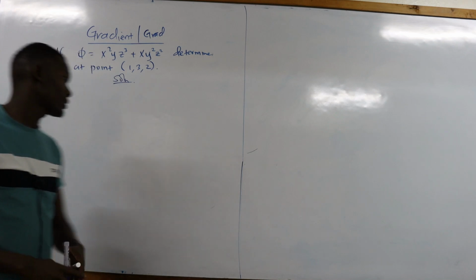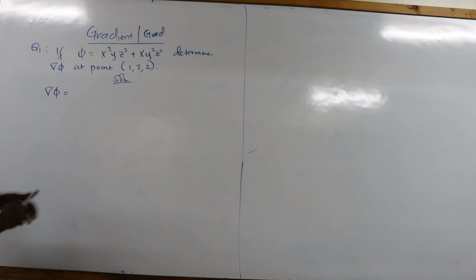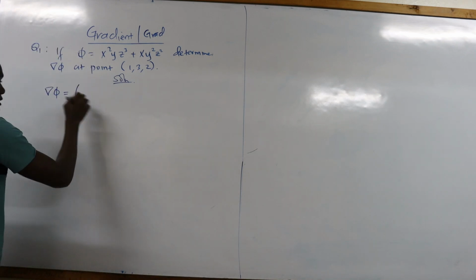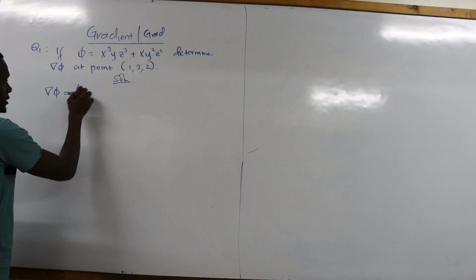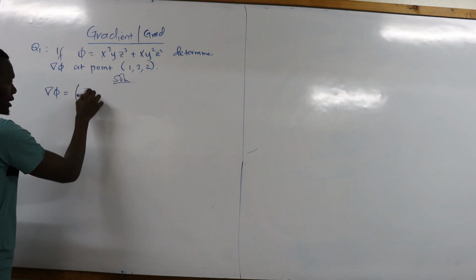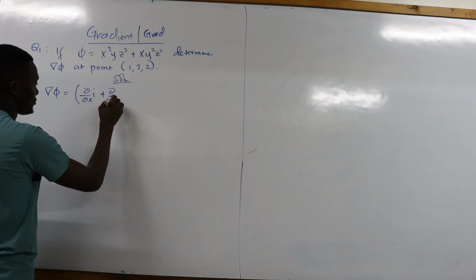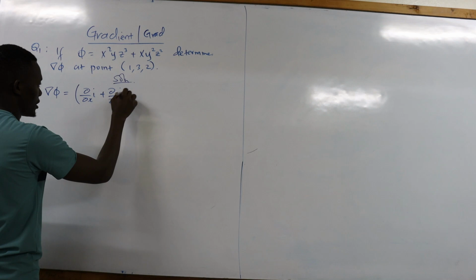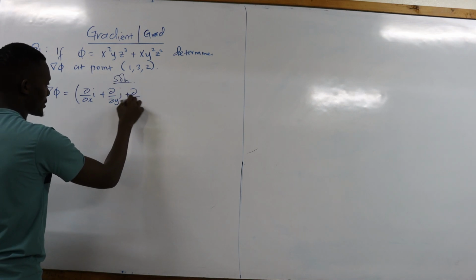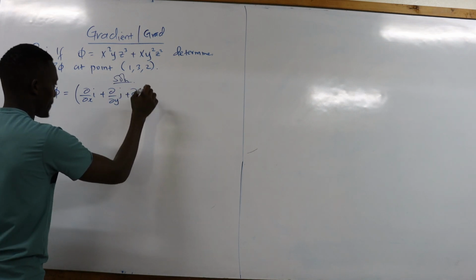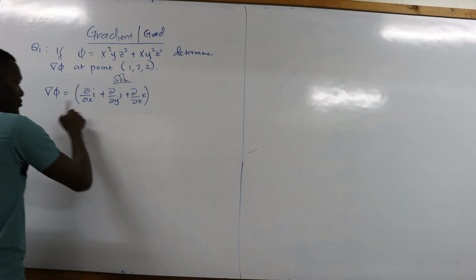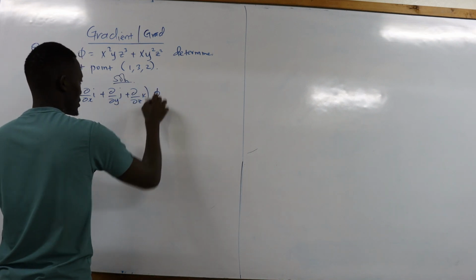It is given by the differential operator: partial derivative with respect to x times i, plus partial derivative with respect to y times j, plus partial derivative with respect to z times k. Remember, it is not a dot product, we are just multiplying.